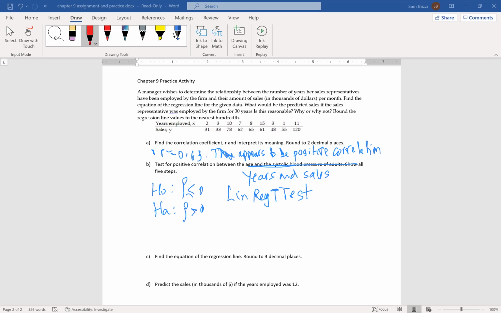Okay, I got t. That's interesting. t is 2.158, and the p-value is 0.0339.